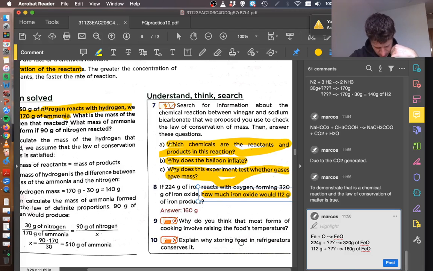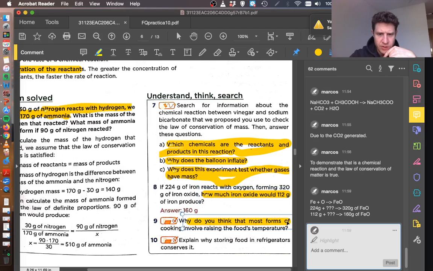Very good. Ninth exercise. Why do you think that most forms of cooking involve raising food temperature? Due to the rise of activation temperature.